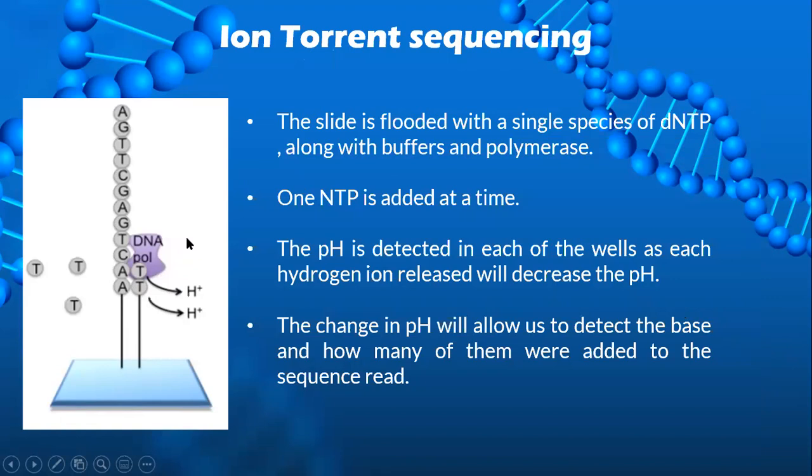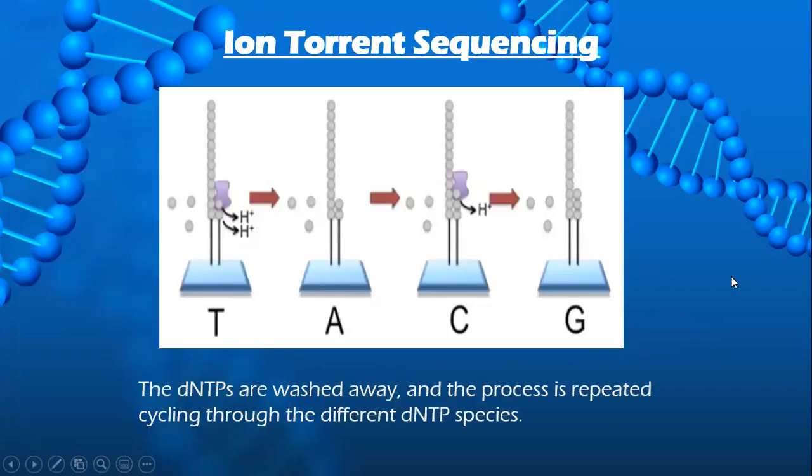This pH change allows us to understand which base was added, and also how many of these bases were added to the sequence read. Finally, the dNTPs are washed away and the process is repeated, cycling through all the 4 different types of dNTPs.